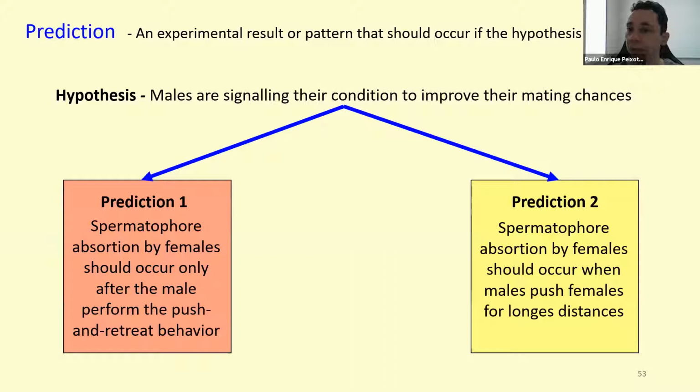Because there is something that should occur that is not occurring. So your hypothesis is unable to explain the fact that you first identified. So whenever possible, I strongly recommend you to derive more than one prediction in your studies, okay? Because you have many different advantages by using it.